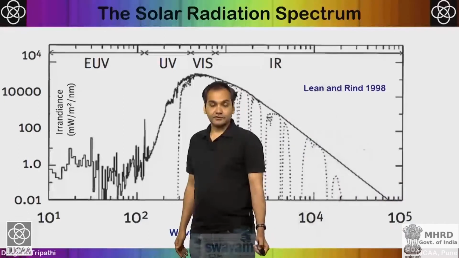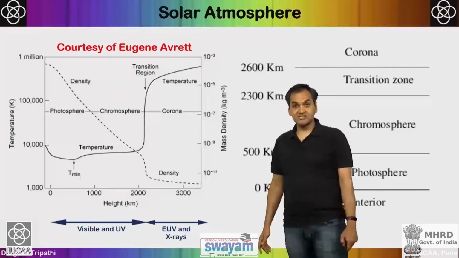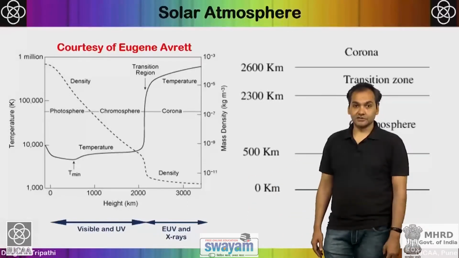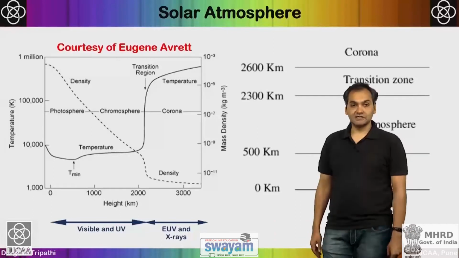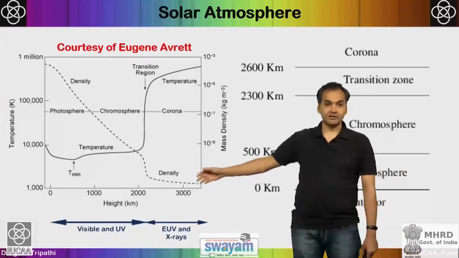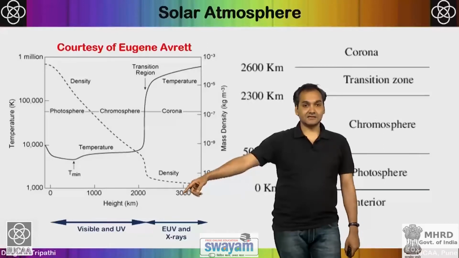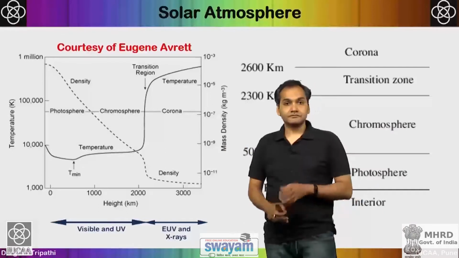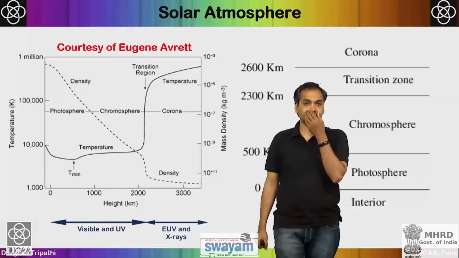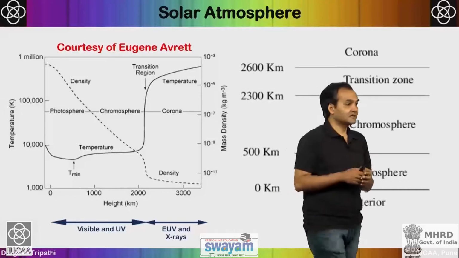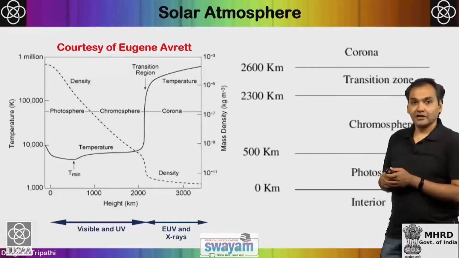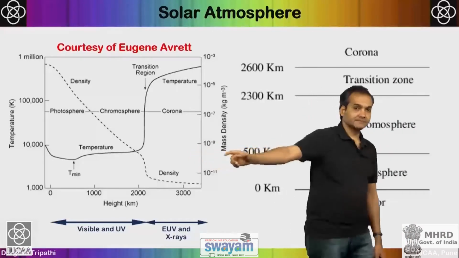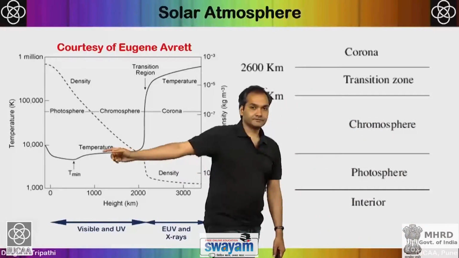If you do an empirical one-dimensional modeling to look at the overall property of the gas which is forming the sun, then you plot height on the x axis, temperature on the y axis on the left side, and mass density on the y axis on the right side. And what you see is that your temperature starts to increase here.